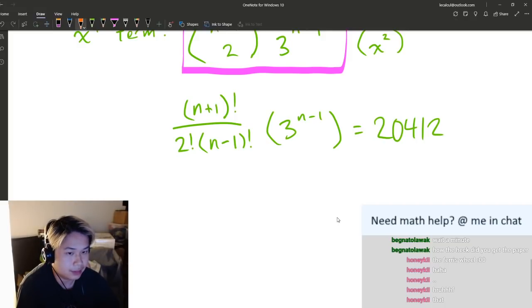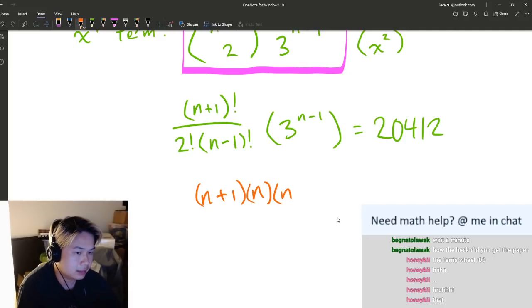N plus 1 factorial, if you just expand it out, is n plus 1 times the next number decreasing by 1, which is n, times n minus 1 times n minus 2, all the way until you get to 3, 2, 1, let's say.